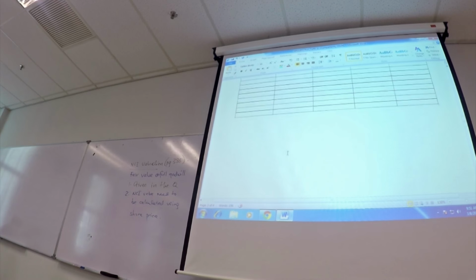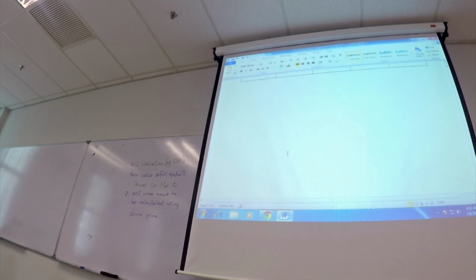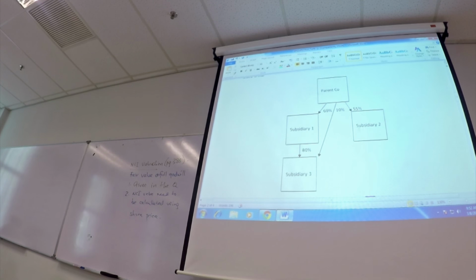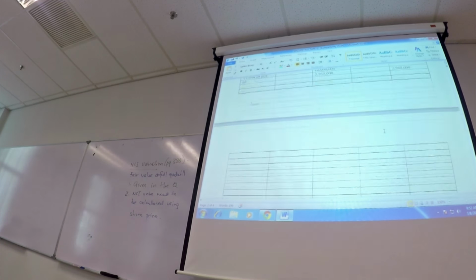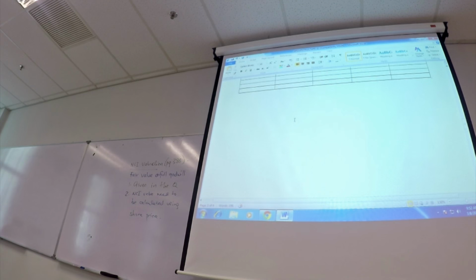In this case, subsidiary 2, the parent controls 55% of subsidiary 2. Now let's look at this subsidiary 2. The NCI is valued at fair value.